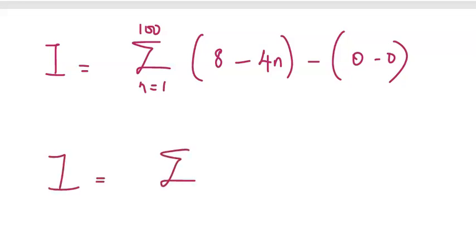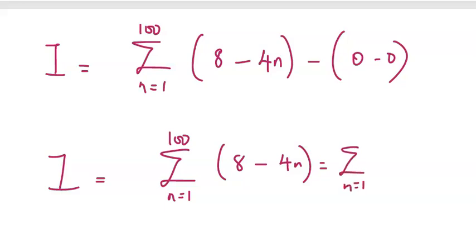So this is the sum as n goes from 1 to 100 of 8 minus 4n, which we can write as the sum as n goes from 1 to 100 of 8, then minus the sum as n goes from 1 to 100 of 4n.